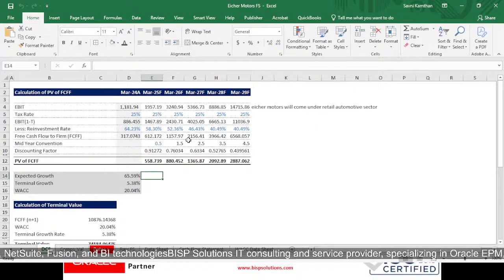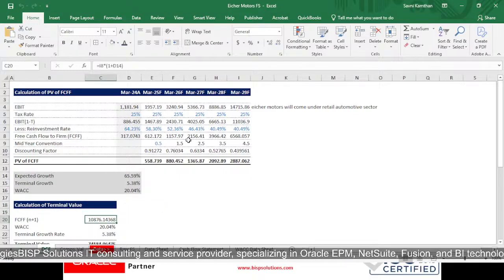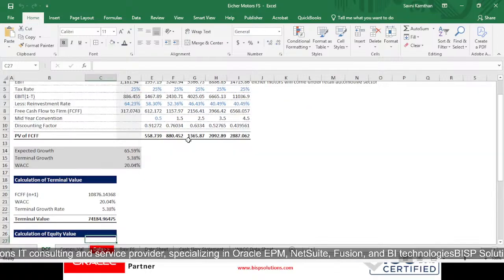Then comes terminal value, which is the value after 2029. We have already calculated our terminal value.